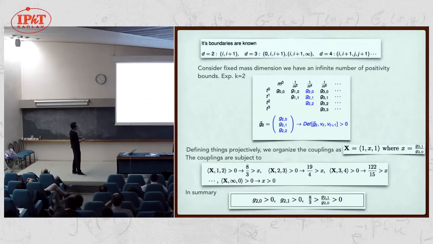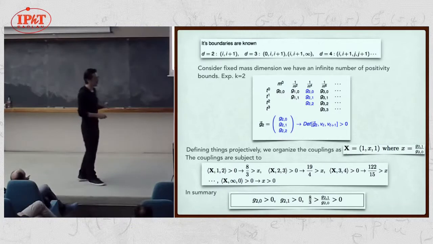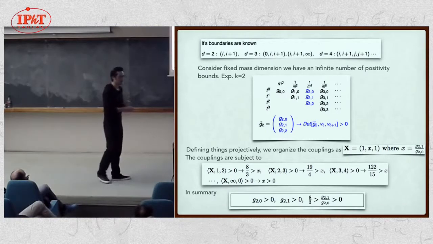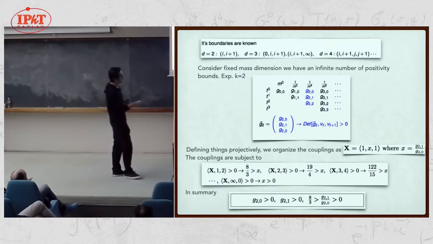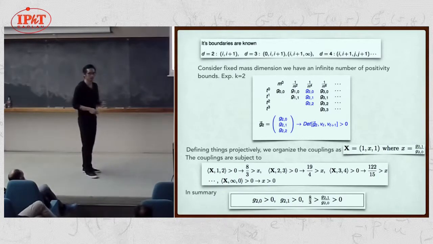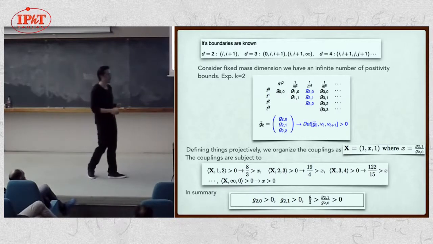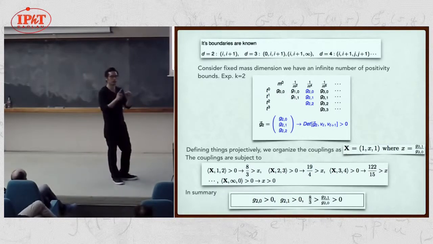And then you can see that actually the tightest bound is given by the first one. So you see the constraint now is that g2 has to be bigger than 0, G21 has to be bigger than 0. But also, the ratio between these two has to be smaller than 8 over 3. Okay, so the relative ratio of these two operators is actually bounded.